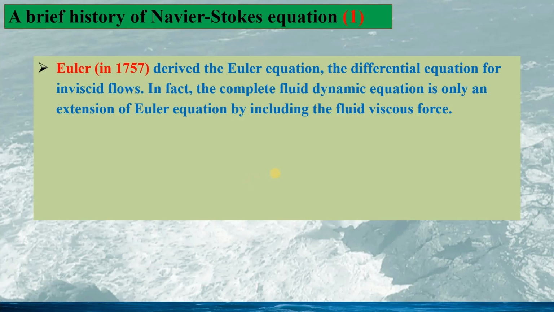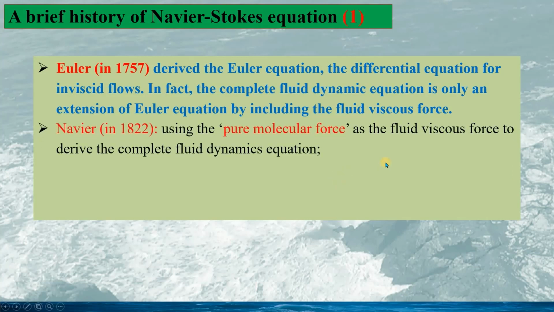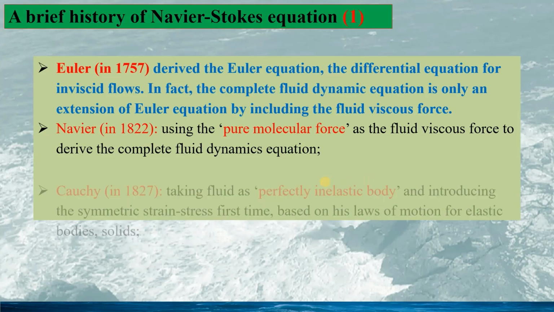Later on, the complete fluid dynamic equation would be considered as an extension of Euler equation by including the fluid viscous force. More than 60 years after Euler derived the Euler equation, Navier started the work using the pure molecular force as the fluid viscous force, and he derived the complete fluid dynamic equation.